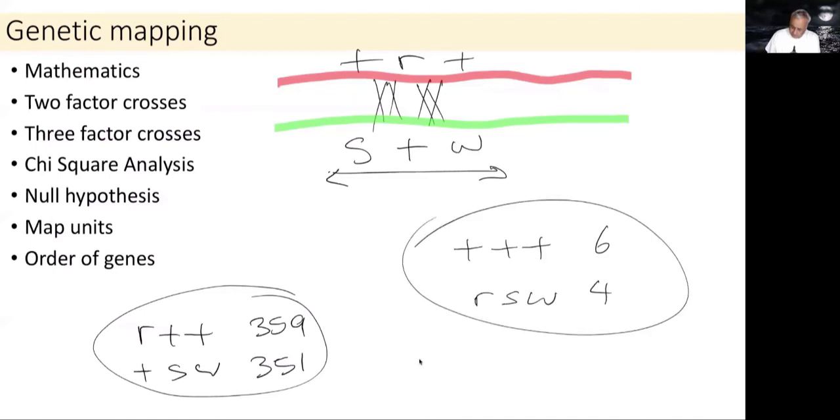So the lowest classes will allow you to predict who's in the middle. The only way you can get from here to there is if R is in the middle, because it takes a double crossover to get that. You can see that right here. If this is 1 chromosome, then it does this and back again. That's the only way you can get R to come down and join the small s and the small w.